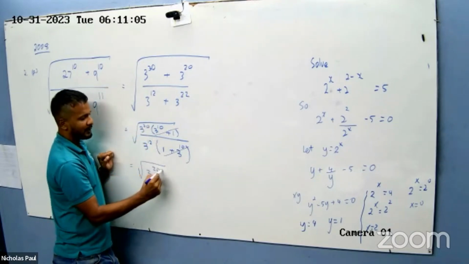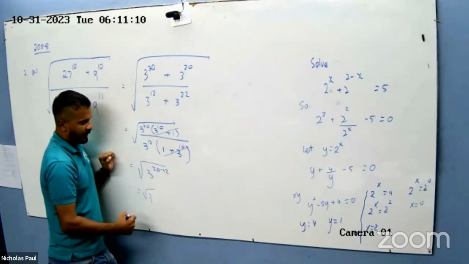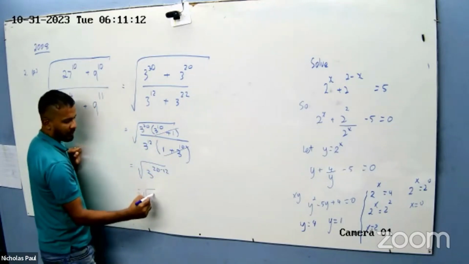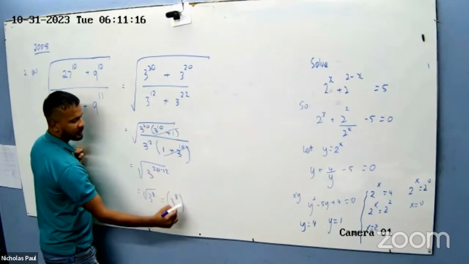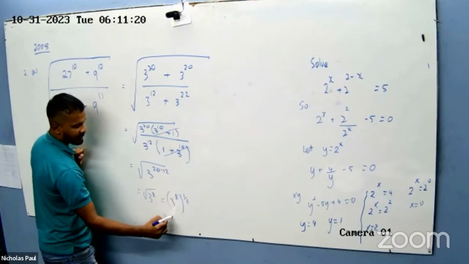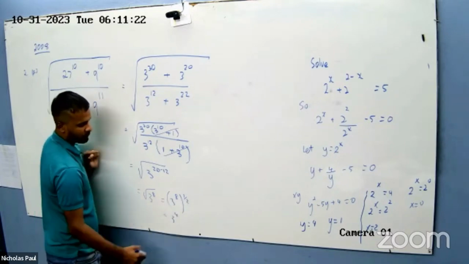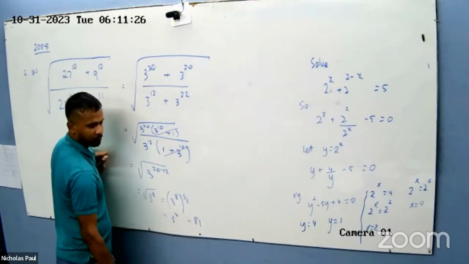So that's 20 minus 12. So that's the square root of 3 to the power of 8. And we know that square root is to the power of a half. 8 by a half is 4. So the answer is 3 to the 4, which is 81.